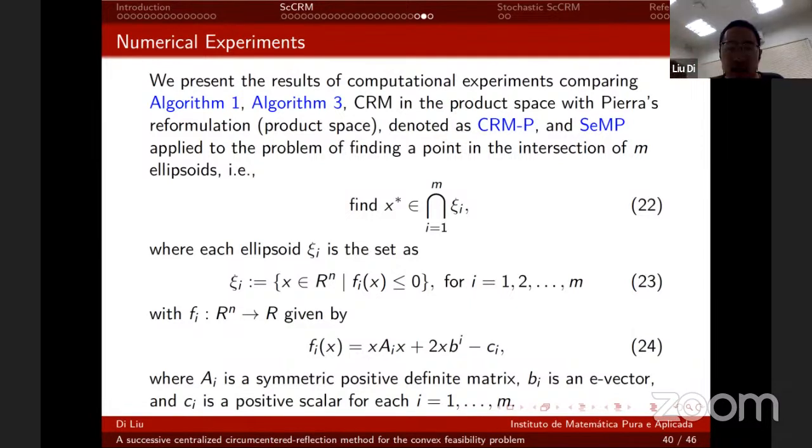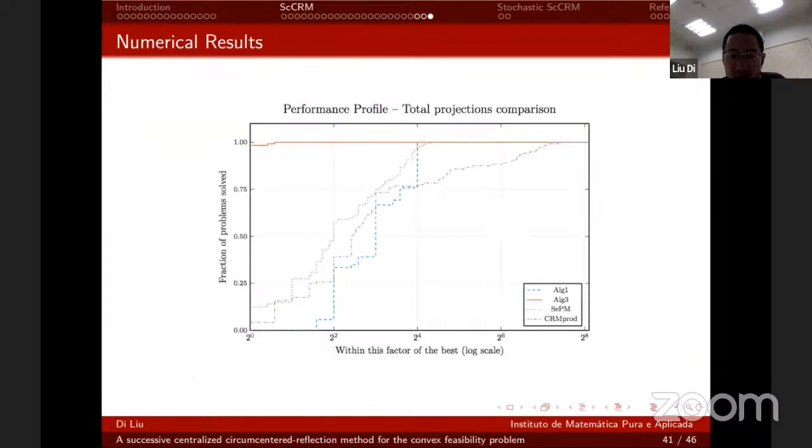So we use the ADMM to calculate the projection from any point to the ellipsoid. Okay, so we have the result here. We can say here algorithm 3 with the most violated constraints performs much better than all other algorithms.